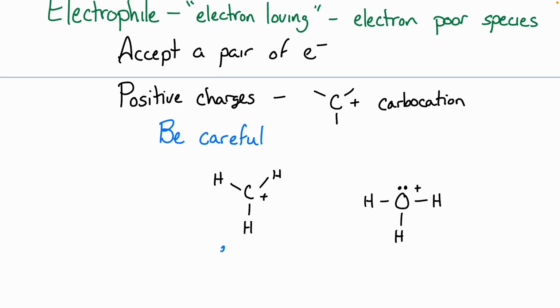A carbocation is indeed an electrophile. It's a great electrophile. All right, but that hydronium ion is not an electrophile. It's also not a nucleophile because it has a positive charge, but it is neither a nucleophile or electrophile.